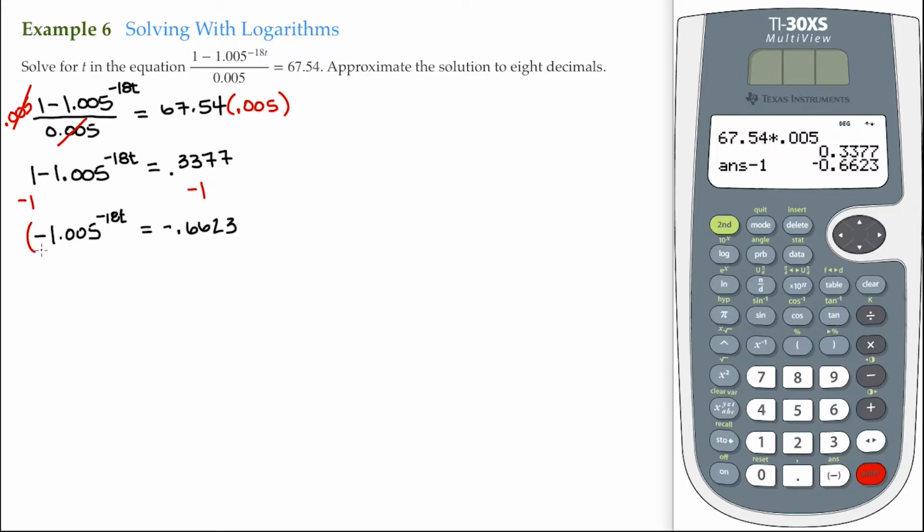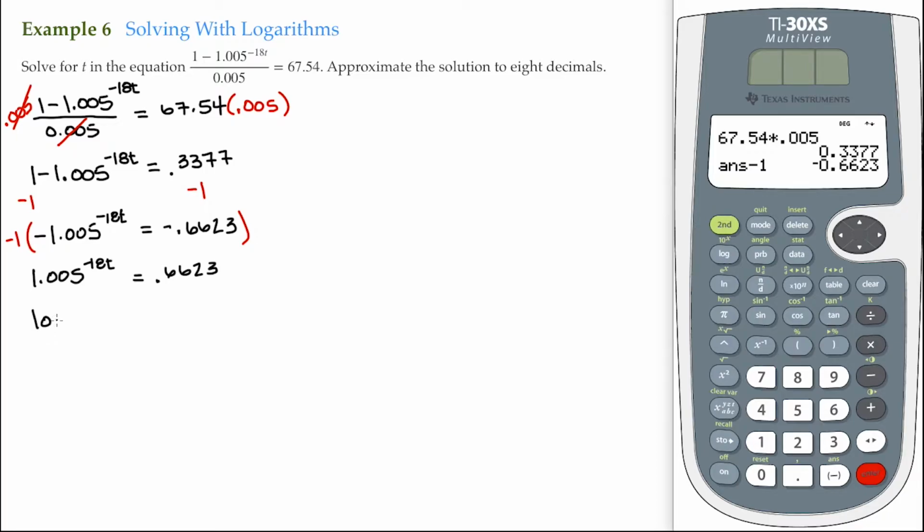So I'm just going to multiply this by negative 1, or factor out that negative 1. Therefore, this becomes positive 1.005 to the negative 18t power, and this is positive 0.6623. Now that the terms are positive, I could introduce the logarithm.